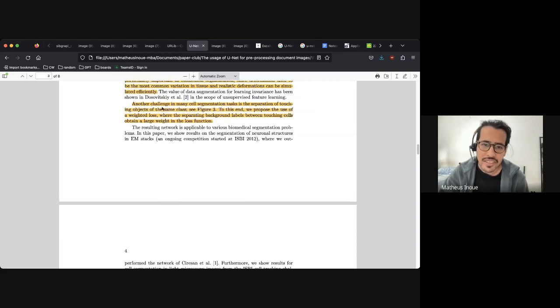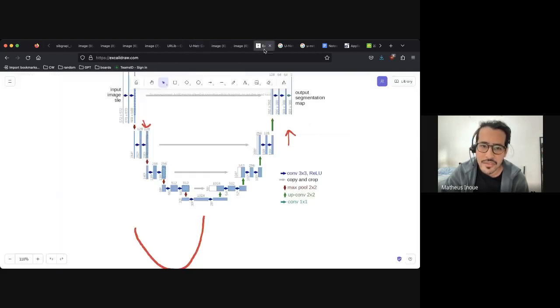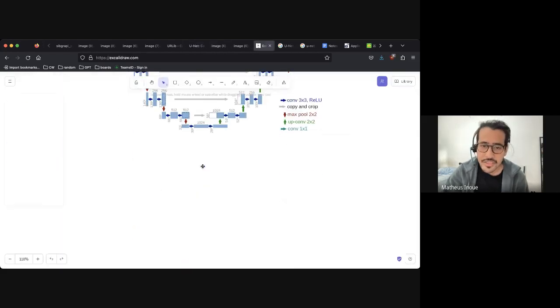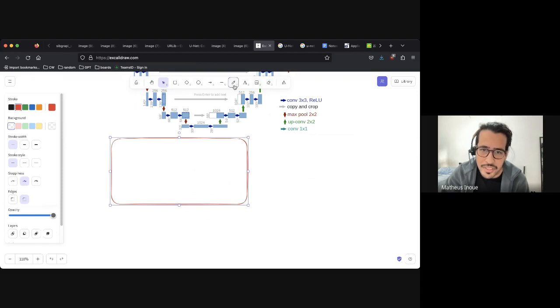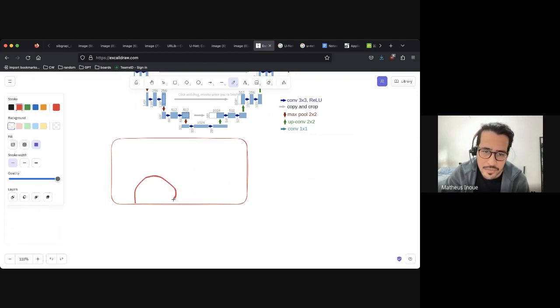Another challenge when they want to do cell segmentation is that you have touching objects of the same class. Let's say you have an image with some fat cells, and the fat cells are touching like this.